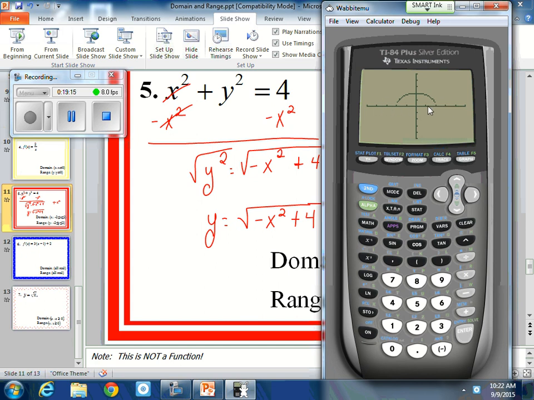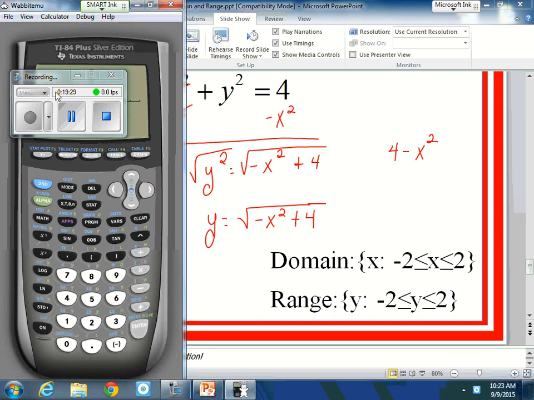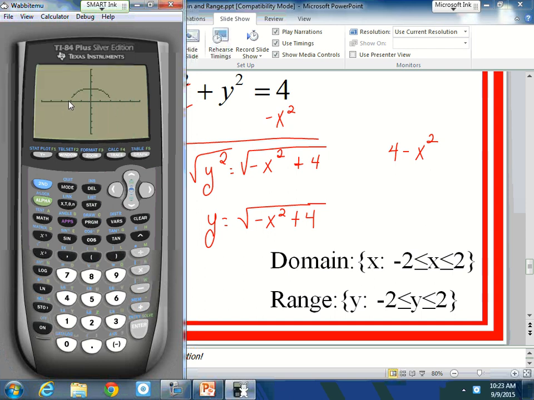And on the range, it looks like it goes to +2. There's nothing on the negatives right here. So let's see what the domain is. The domain has to be, again, between -2 and +2. That's why that is there.